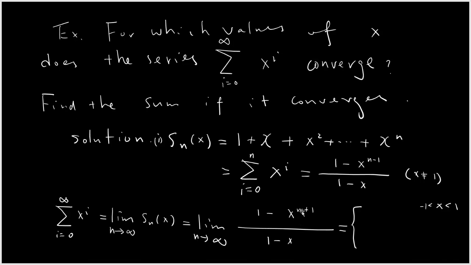You look at the mouse cursor, okay? When x is a value in between -1 and 1, the limit of this term as n approaches infinity is equal to 0. So the whole limit is going to be 1 over 1 minus x. So that's one case. You have a comma here, you have a semicolon here. That's one case.